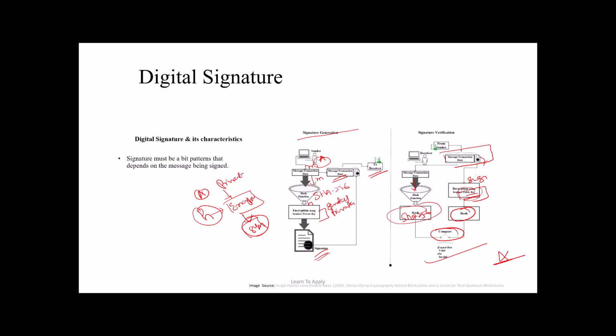Why? Because the hash value we computed is the same hash value that was sent through the signature. So with the help of digital signatures, we were able to verify two things: the message was signed by A, and the message was not altered.